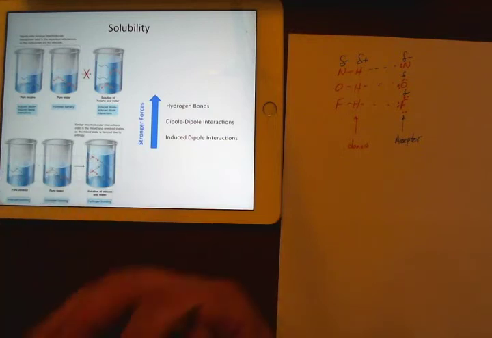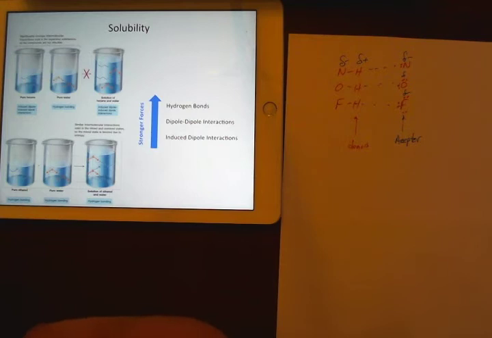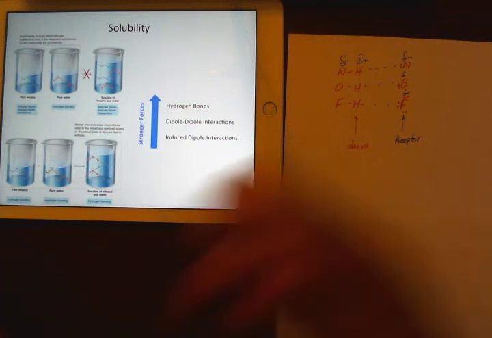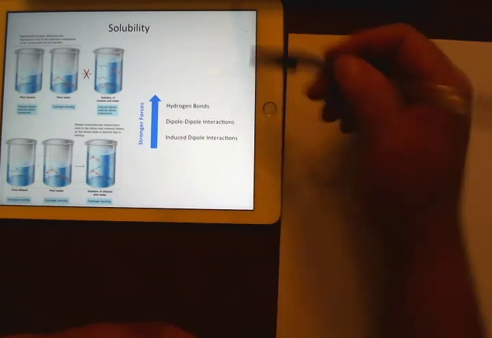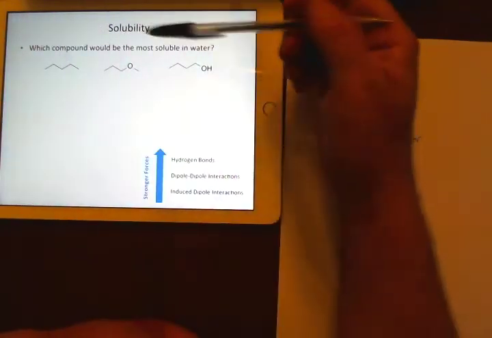When you mix it together, that hydrogen bonding now might go between different molecules, but that's fine. The hydrogen bonding still exists and it's still the driving force, so you're fine. The more likely you are to disrupt the hydrogen bonding or dipole-dipole interactions, the less soluble you are. Okay, so which is the most soluble in water?